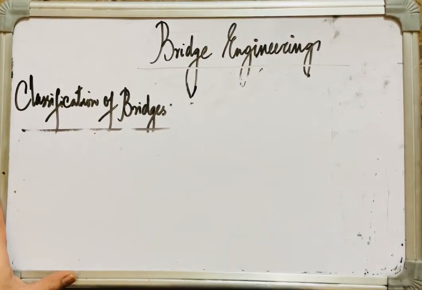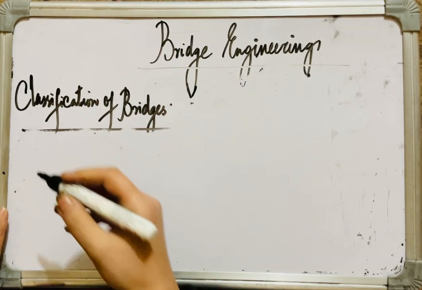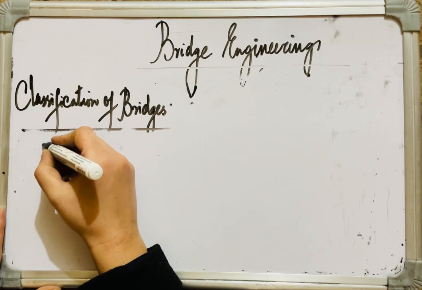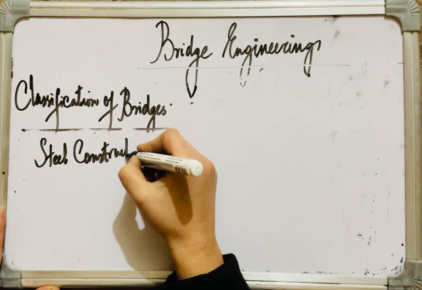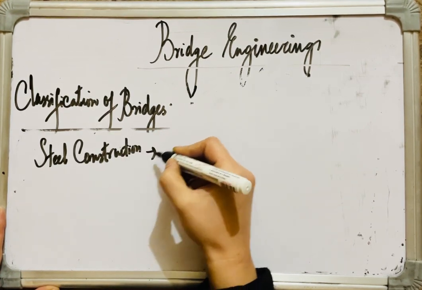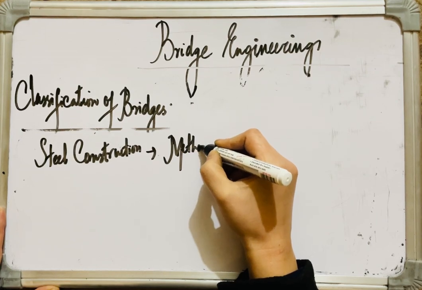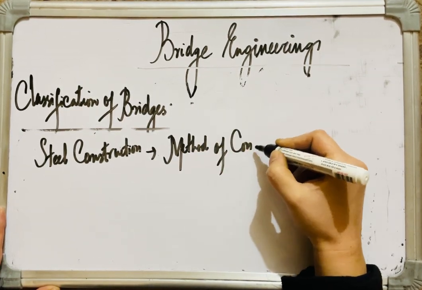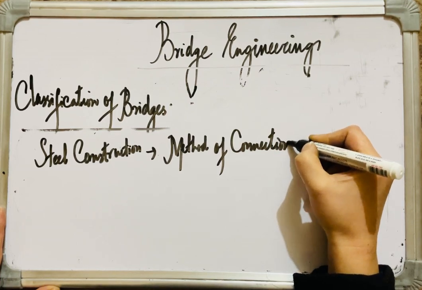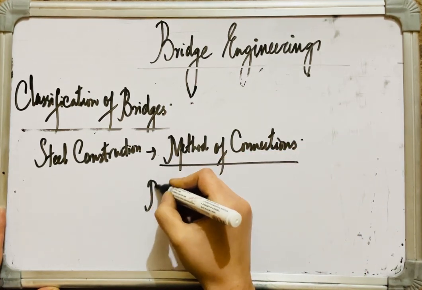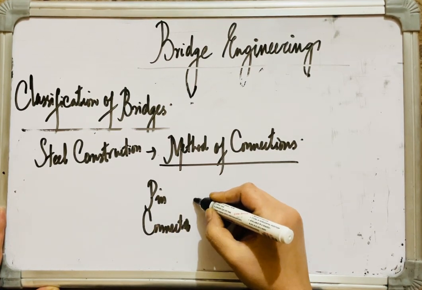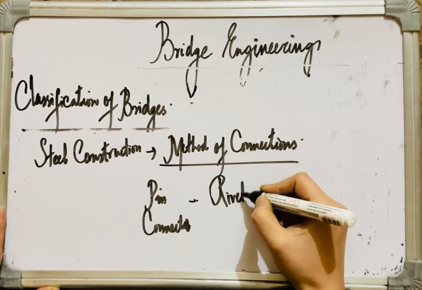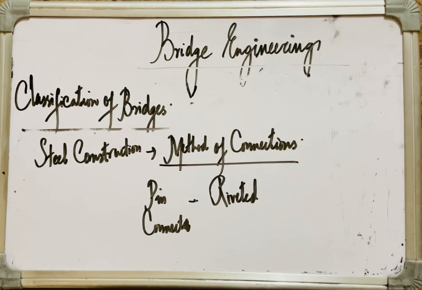All right. Next one is according to the method of connections of different parts of the superstructure, particularly for steel bridges in case of steel construction. This classification is based on the method of connections used, and accordingly we have the pin connected, riveted, and welded bridges.